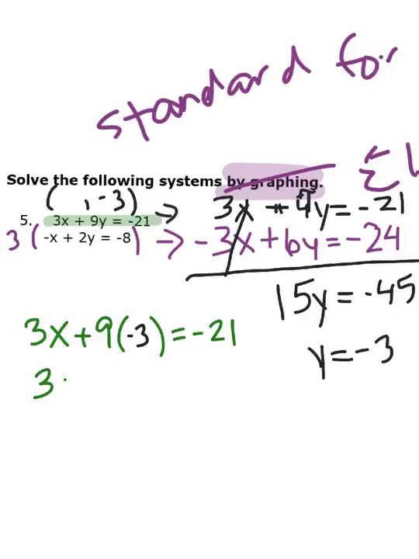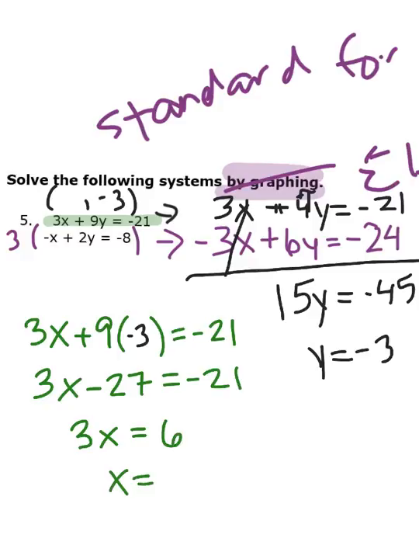That leaves us with 3x minus 27 equals negative 21. Add 27 to both sides. So 3x equals a positive 6, which means x has a value of 2. So our answer as an ordered pair is 2, negative 3.